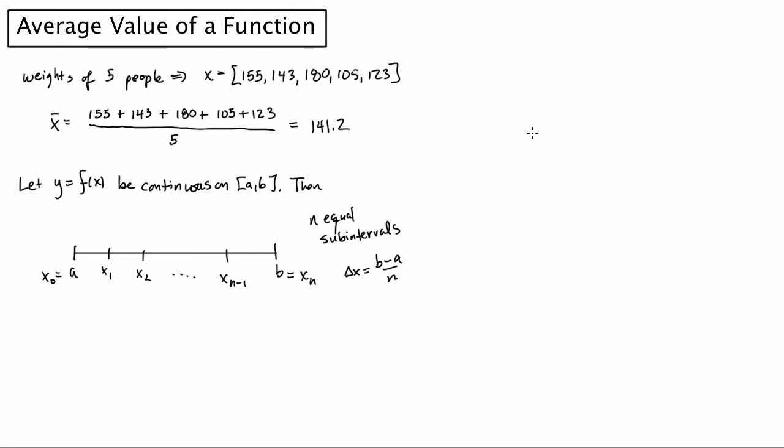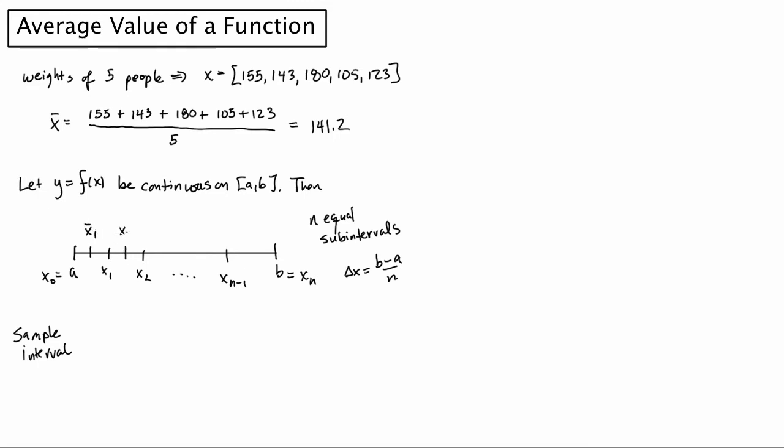And here's what I want to do. I want to sample the interval. By sampling, I mean I want to choose at random a point from each subinterval. So let's say that my sampling yields the following values. In here, I get x1 bar.